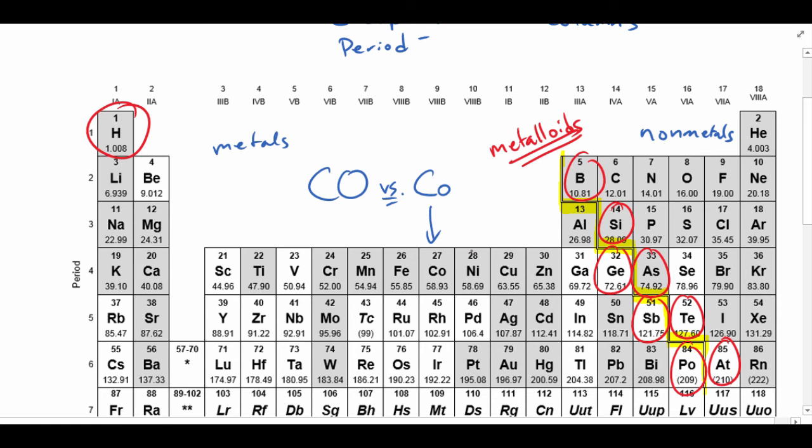Aluminum, though, we don't include in there because aluminum we classify as a metal. We know aluminum is a metal. But other than that, elements that appear immediately to the left or the right of that staircase have some metal-like characteristics, some non-metal-like characteristics. We call them metalloids.